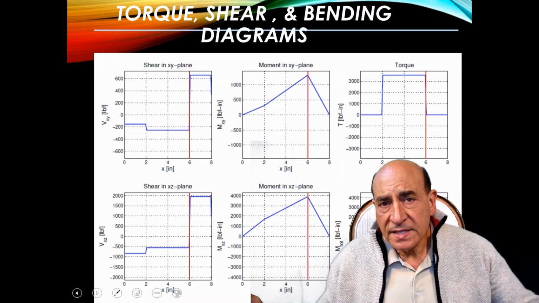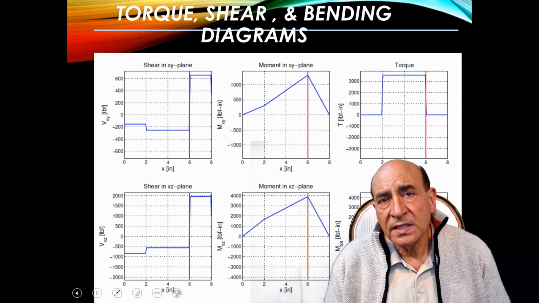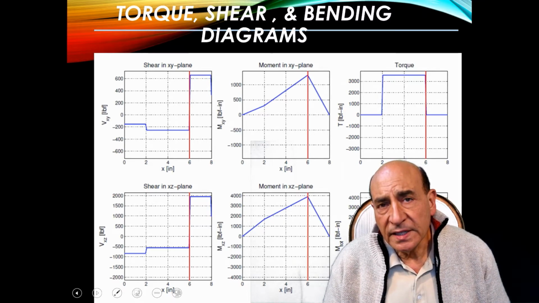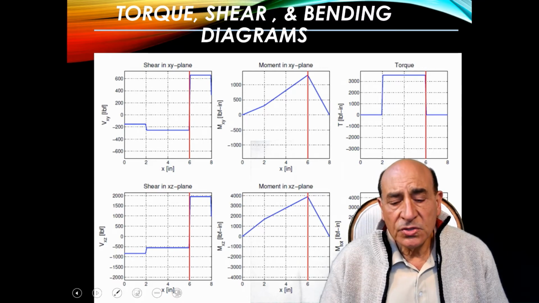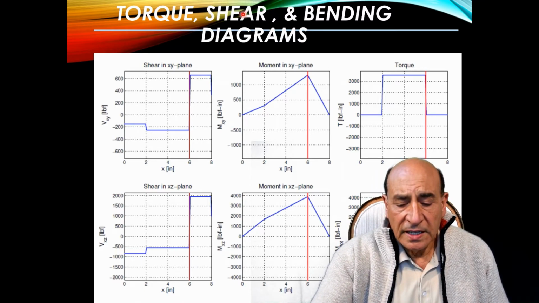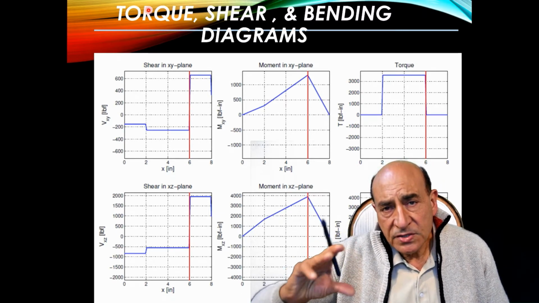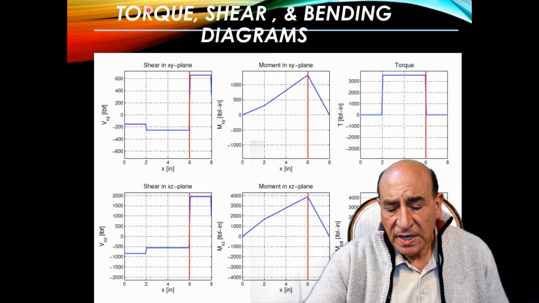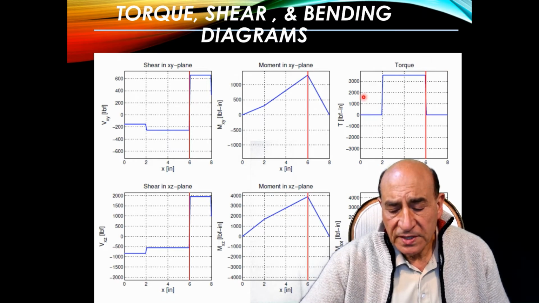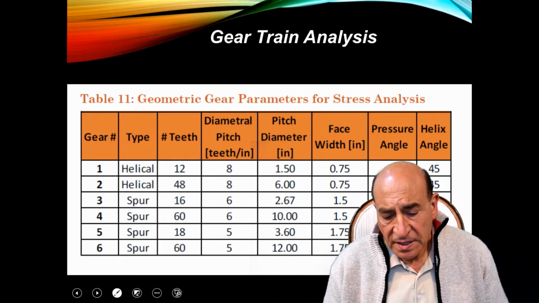But in other cases, if you have the shaft very long, then the deflection could be substantial and could violate certain design requirements. In addition to the shear and bending diagrams, we also have a torque diagram because there's going to be an input torque and output torque, and the torque diagram is also given here and has to be included in our analysis.